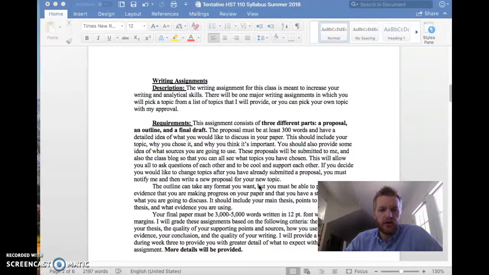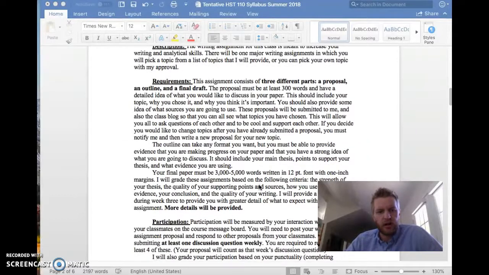Okay. Your outline is very basic. Also, it can take any format you want. Most people, what they've done with this assignment is they list their topic, they list their thesis or their argument, and then their supporting points. So the outline has to have 3 things: your thesis, your supporting points, and the evidence that you plan to use to support your thesis.